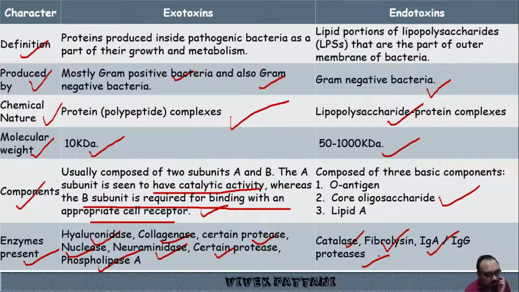I'm again repeating it: in exotoxins it includes hyaluronidase, collagenase, certain proteases, nuclease, neuraminidase, and phospholipase A, and in the case of endotoxins it is catalase, fibrinolysin, and IgA or IgG proteases.